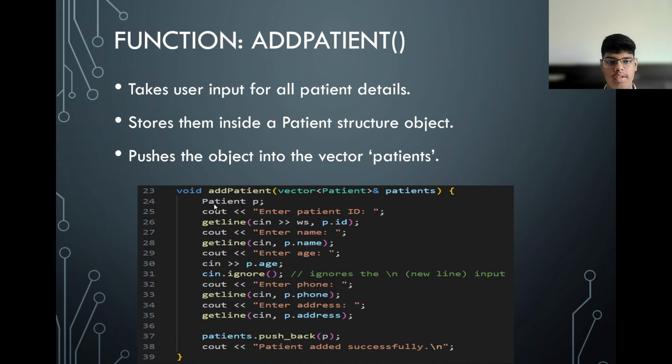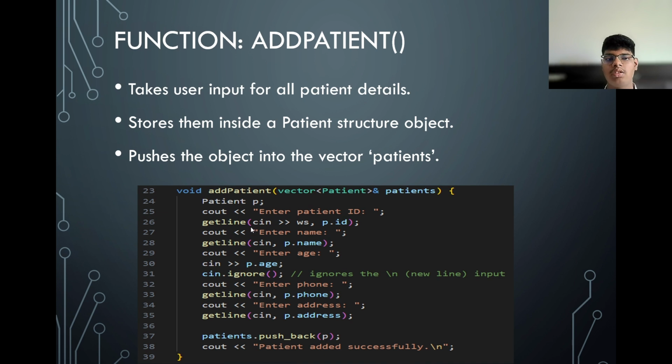Now we have patient P. So cout, we have defined a patient with name P. Patient is the name of a structure and multiple structures can be named, and we have named this one P. So it will first show enter patient ID to the user. Then we are using the cin getline function.